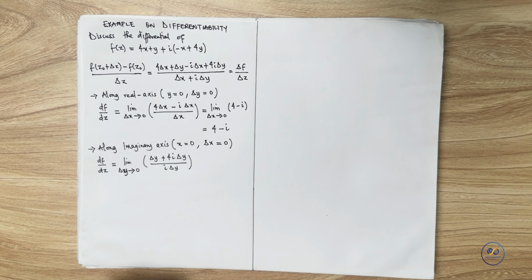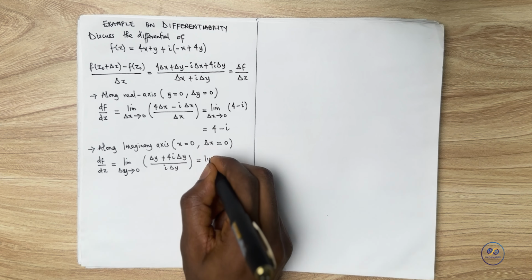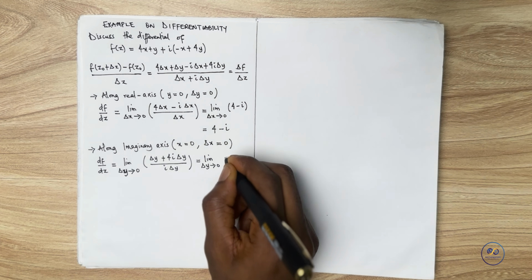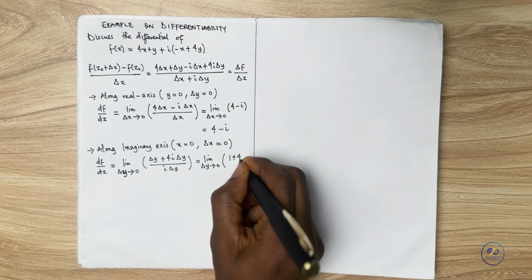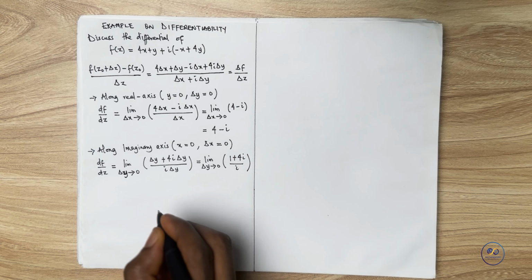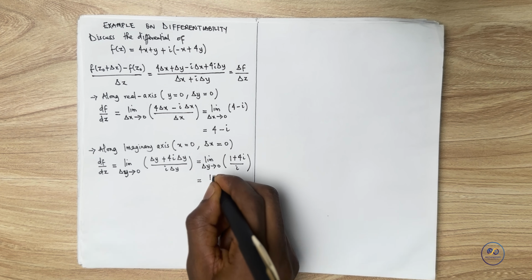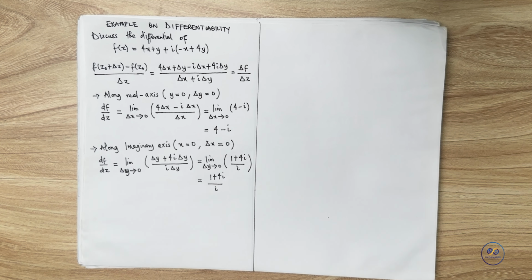And of course, if we were to factorize delta y out, we'll have the limit as delta y tends to 0 of our function, which will now remain (1 + 4i) divided by i. If we evaluate the limit, this is of course going to be (1 + 4i) divided by i. Now, we are dividing by i, which means we can of course rationalize.